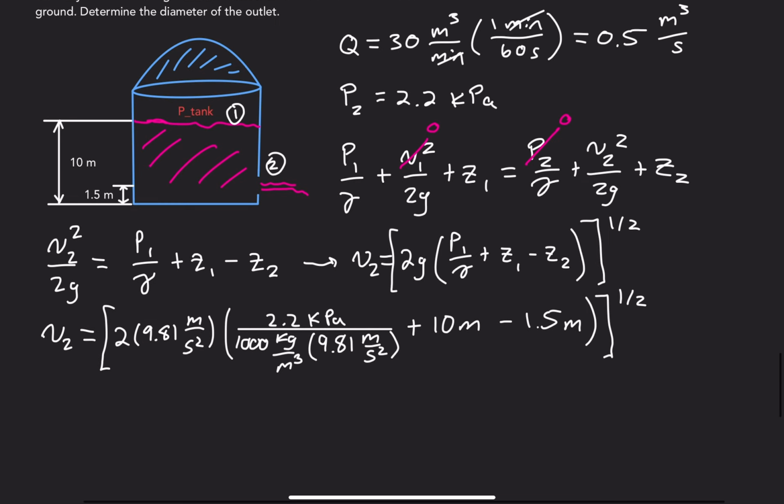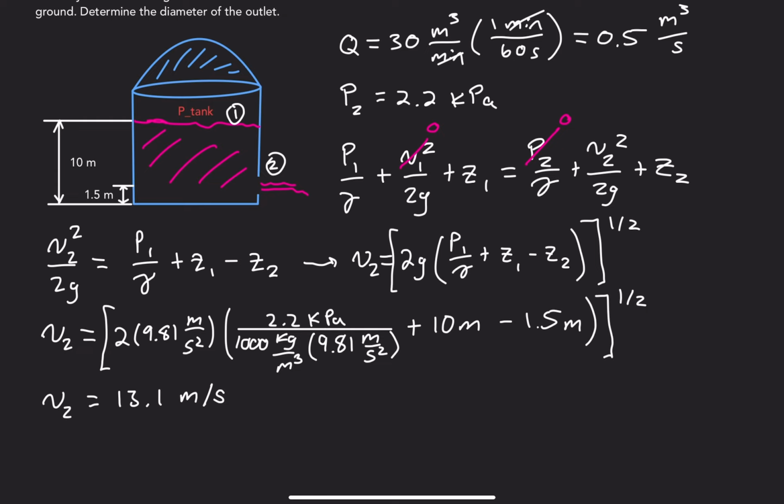Okay. Now I'll calculate. I get that the velocity at the outlet is 13.1 meters per second.